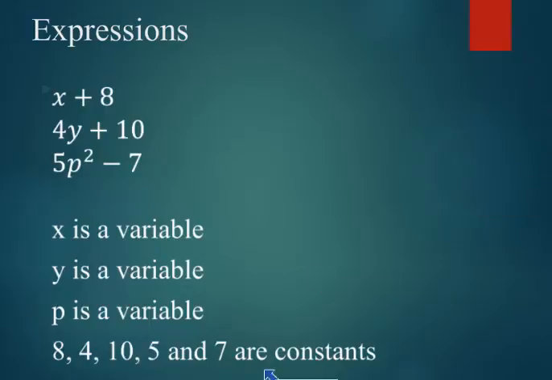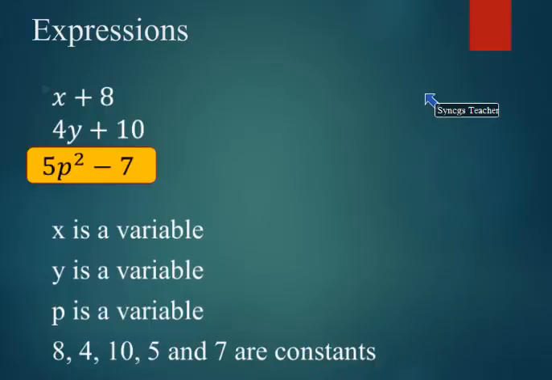Constants are those that do not change in an expression. Let us take the example of 5p square minus 7. The expression 5p square minus 7 is formed from the variable p and constants 5 and 7.